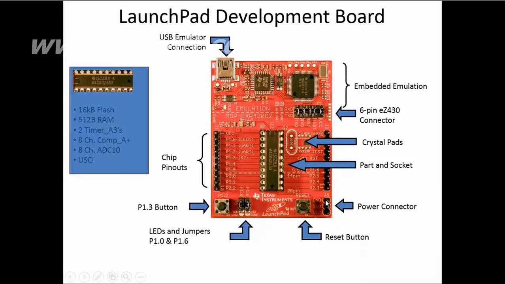So these are the power connector pins, the ground pin as well as the VCC, which is used to supply power for the Launchpad development board to run. Then comes the main part, one of the main parts, and we usually consider it the main part and socket of the Launchpad development board of the MSP430.